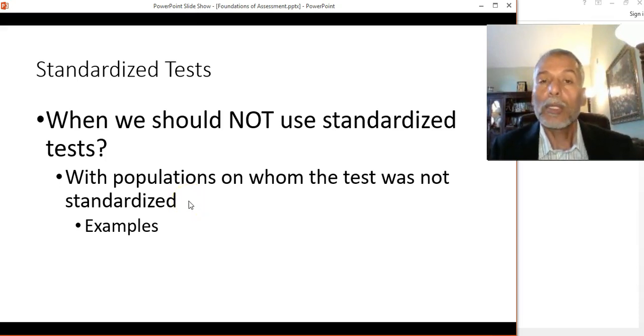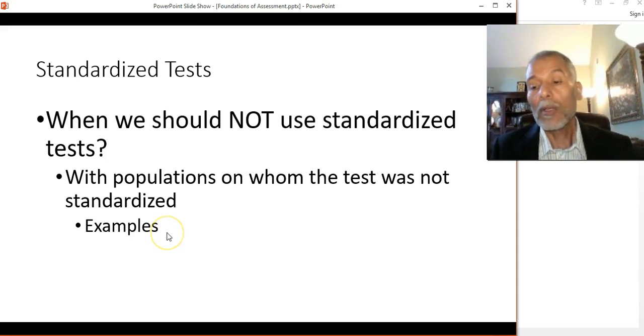You can't give them a standardized test and report that they are performing at the 40th percentile and so on. You can't, because when the test was standardized, it was not standardized on people who do not speak English or who have not stayed in America all their lives, so that they would know the language.